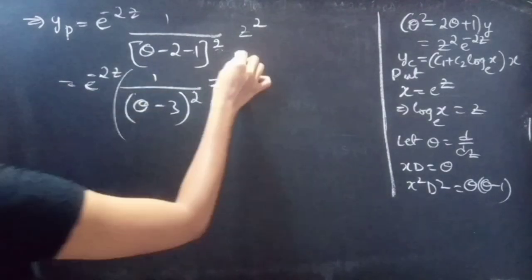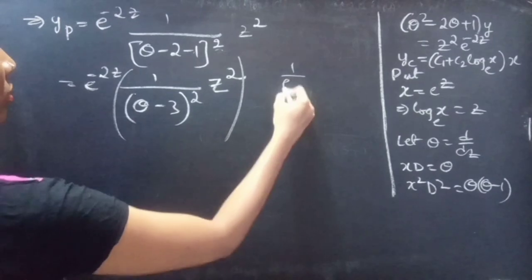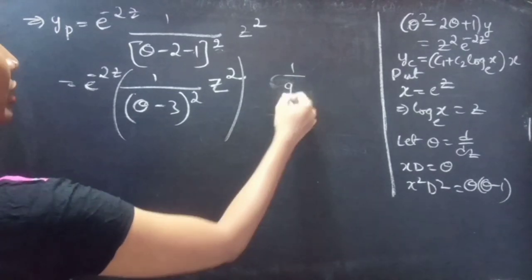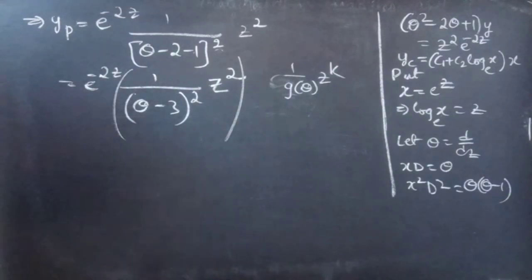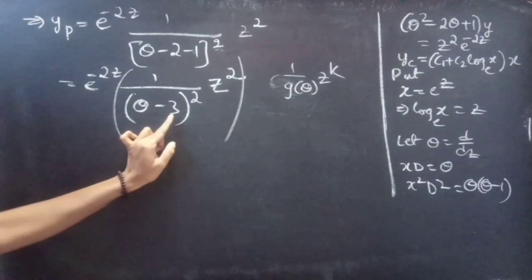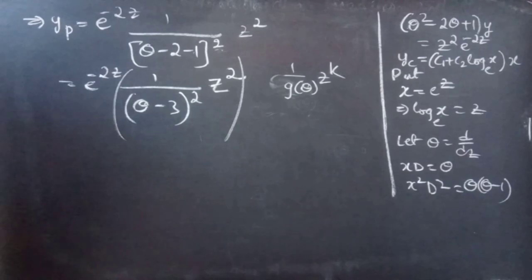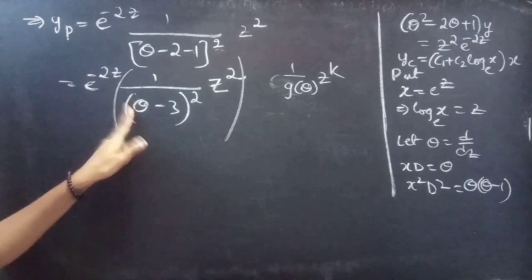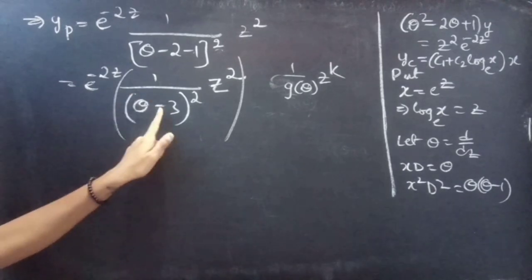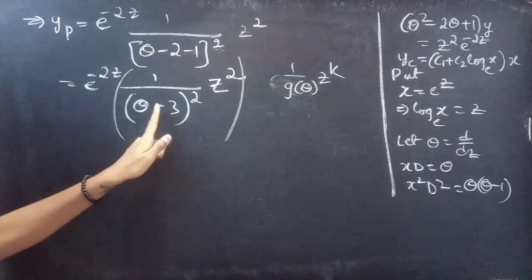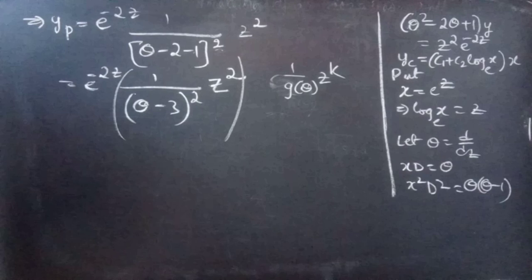So this is of 1 by some function of theta into z power k form. Right? Let's take the lowest degree term common from these two terms. But in the first term we don't have minus 3, so let's multiply and divide by minus 3 here and write plus 3 as plus of minus 3 for our convenience.